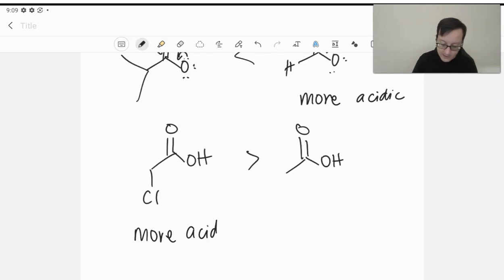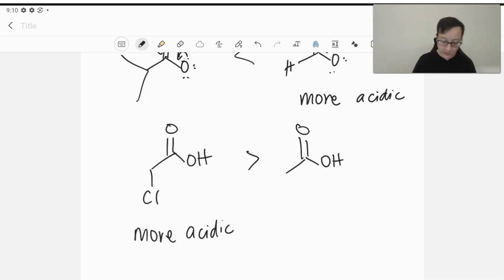We saw that chlorines and other halogens tend to be electron withdrawing, which is going to stabilize it because we have extra electron density once we make the carboxylate, and that electron density is going to be alleviated a little bit by the inductive effect. So we saw that induction was an important characteristic when deciding about acidity. And remember, induction is kind of additive.